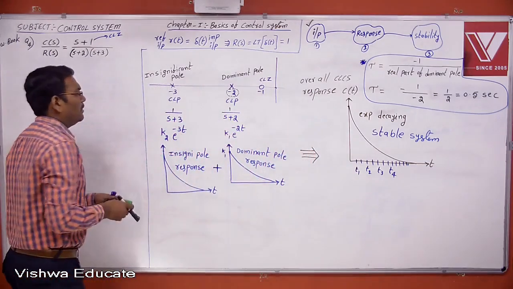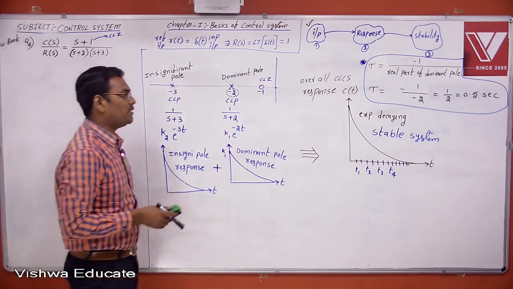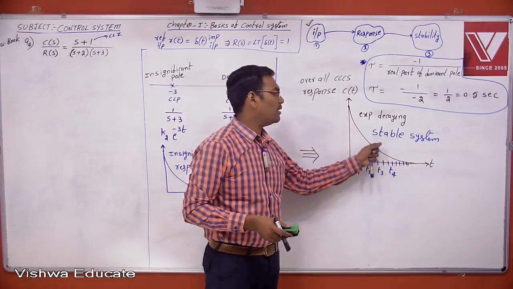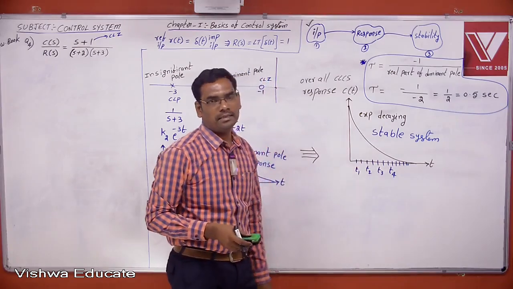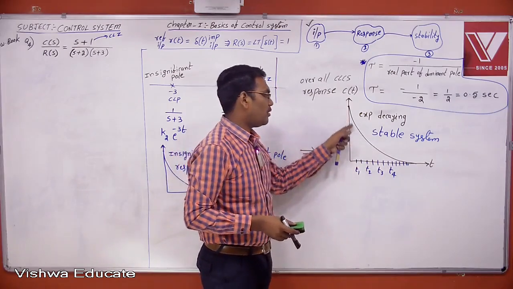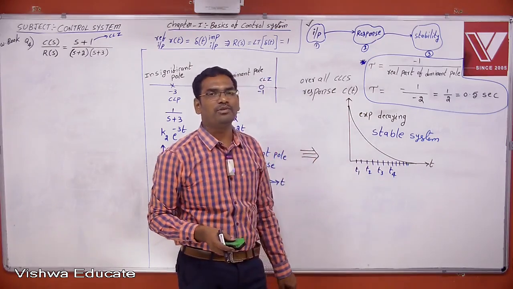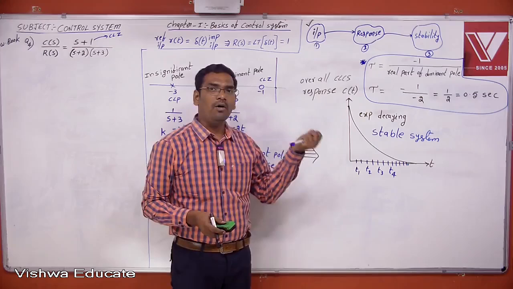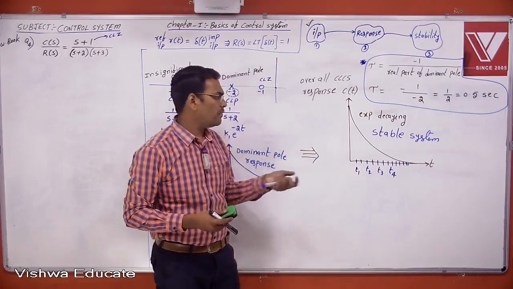Now I am giving one shortcut method to you. The response follows the input, therefore the system is stable. Sir, by looking at this response, I am not in a position to identify that it is exponentially decaying, so how can I say the system stability? It is a very simple question.